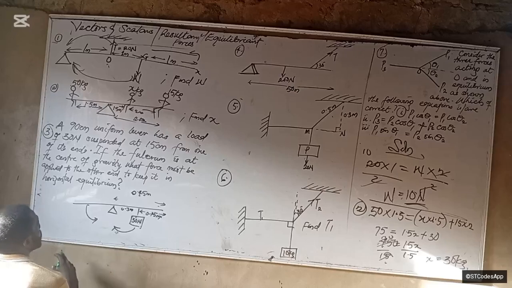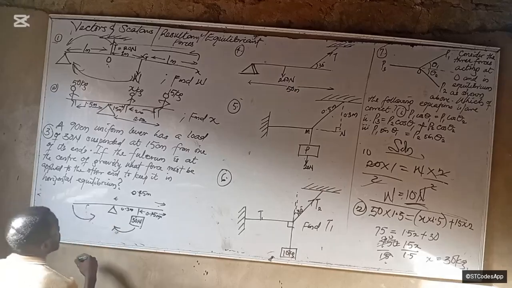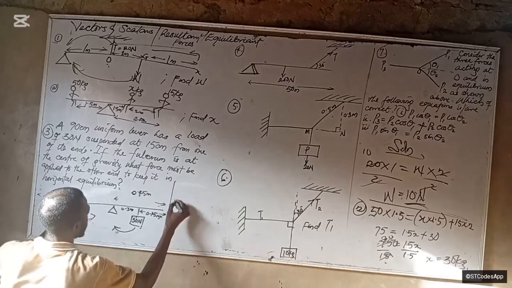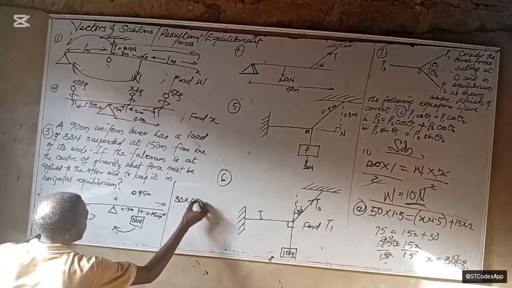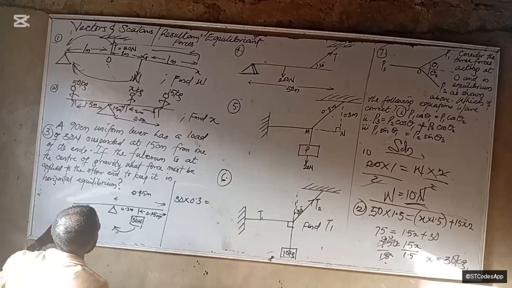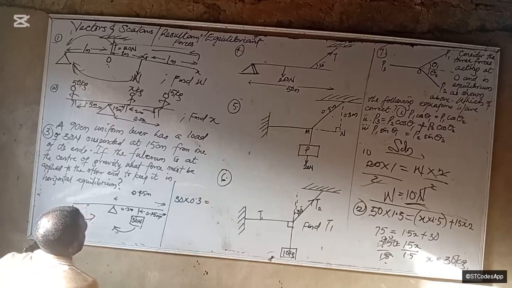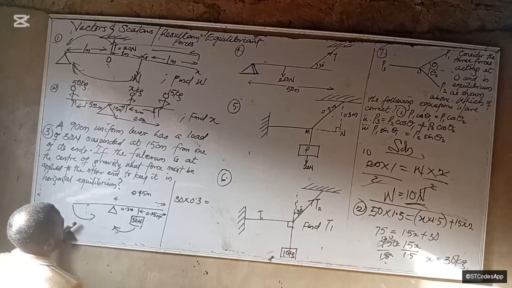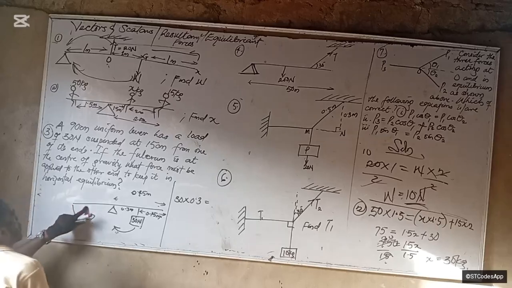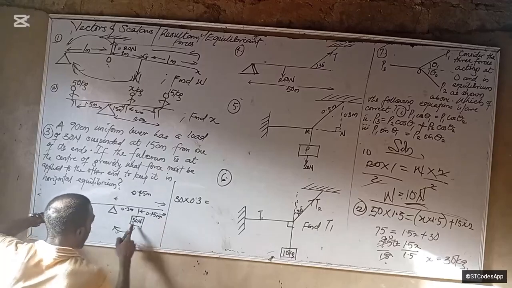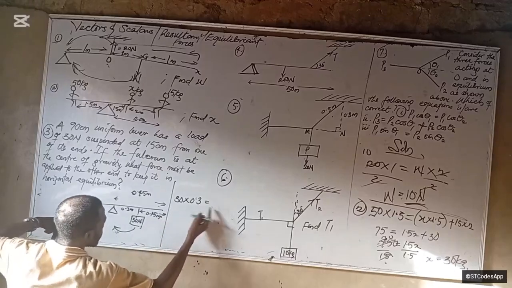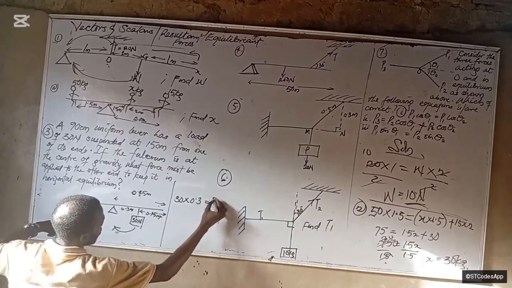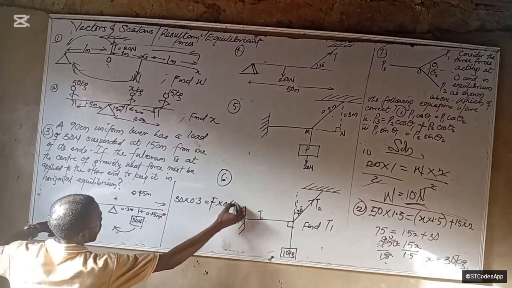To the other end. So the anti-clockwise moment will come from here. Is that okay? So we'll say that clockwise is 30 times 0.3 is equal to the force times 0.45, from the first end.